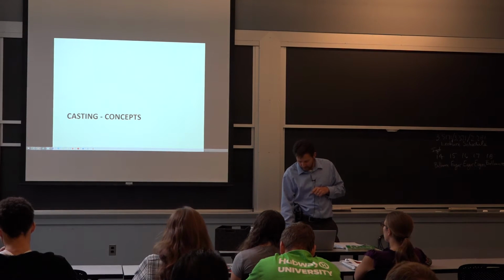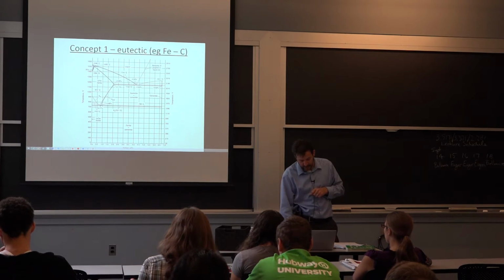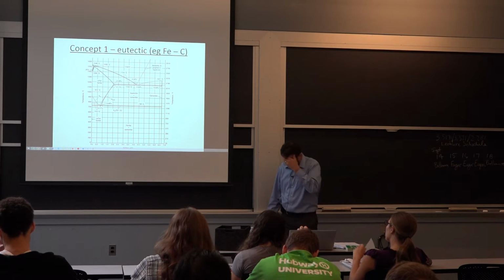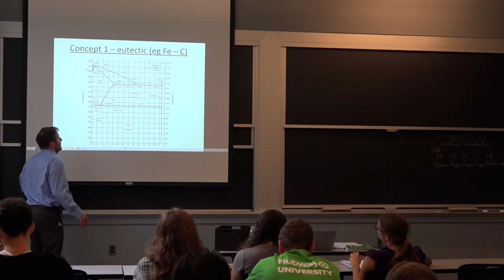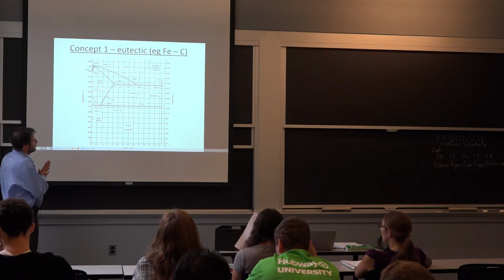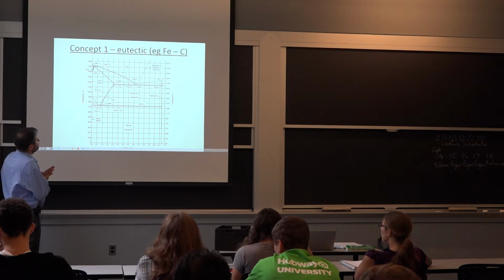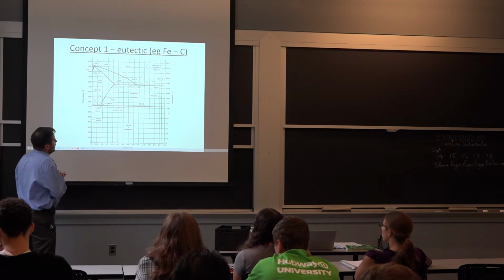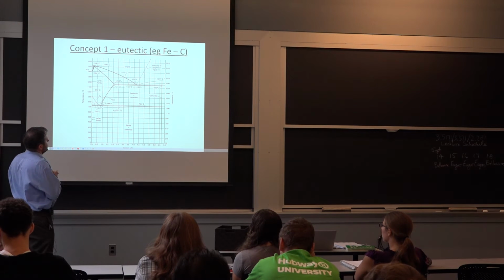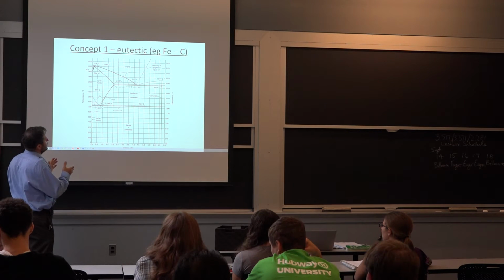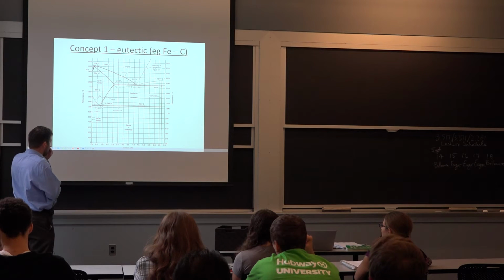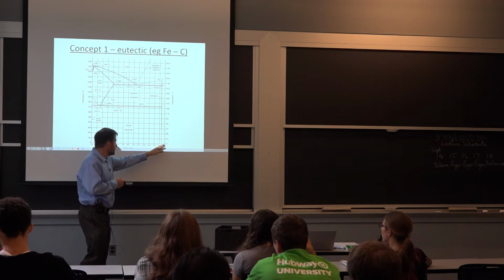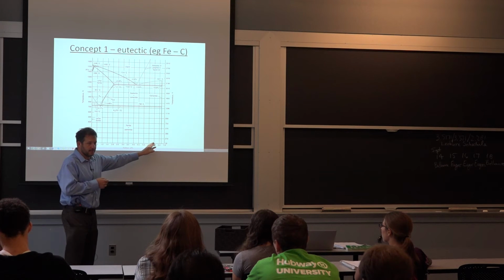Now let's try to convince ourselves a little bit on some concepts related to casting. And I don't want you to assume you know a lot about phase diagrams, so I'm going to try to guide you here. We are looking essentially at phases of this steel-carbon mixture, and the x-axis here is how much carbon there is.